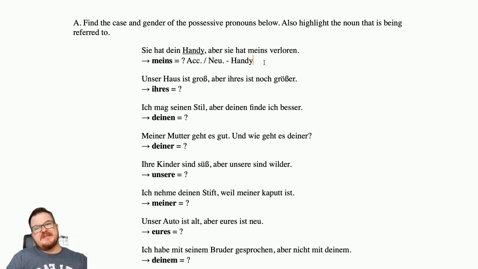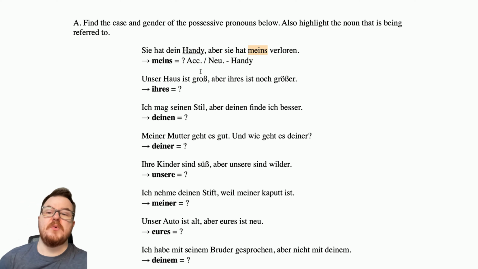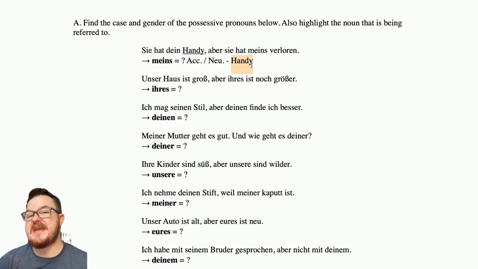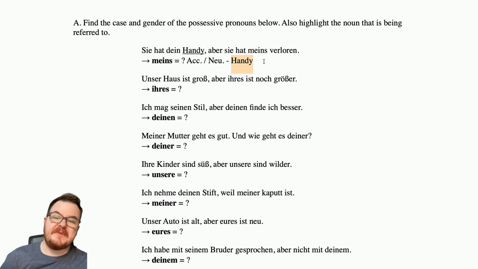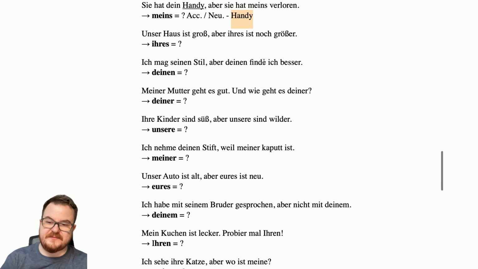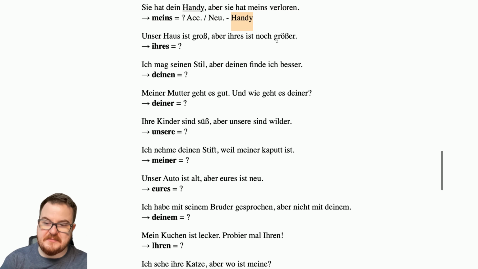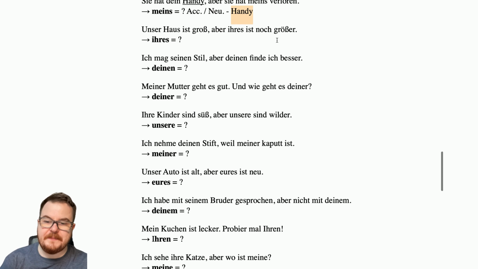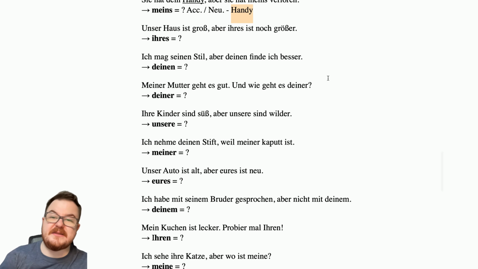Okay, so as an example, what we've done is we've looked at the possessive pronoun. We have marked down its case and its gender and the noun that it's replacing. I want you to do that for the rest of these. And let me just read them for you quickly. And I will translate them into English and then give you a chance to pause the video before I reveal the answers.